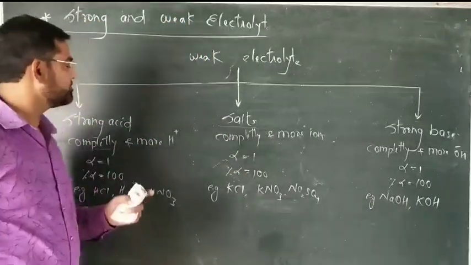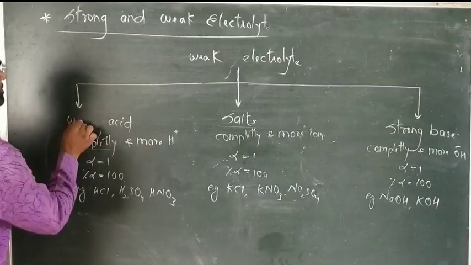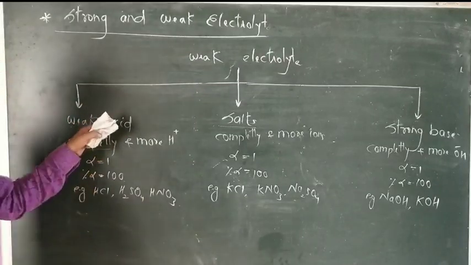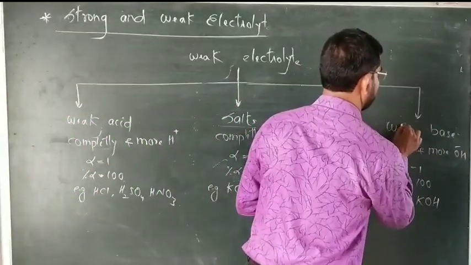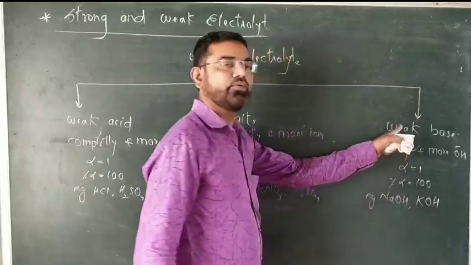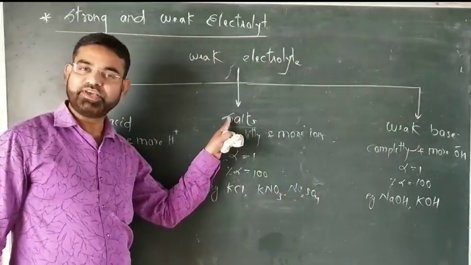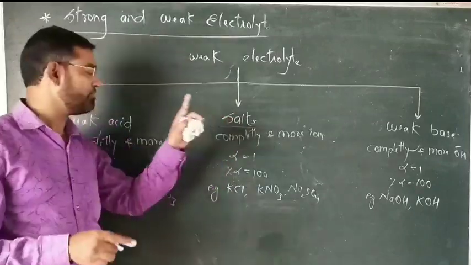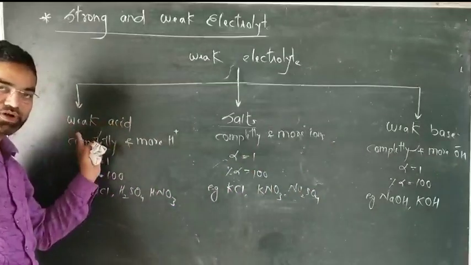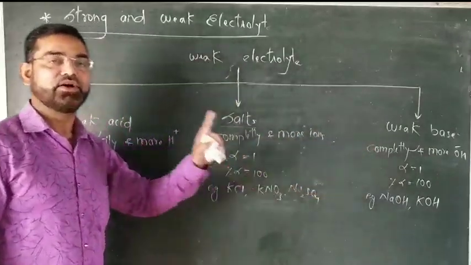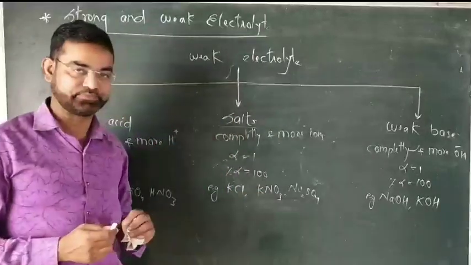Weak electrolyte, weak acid, weak base, and those salts which are formed from weak acid and strong base, strong acid and weak base, or weak acid and weak base are not counted here.